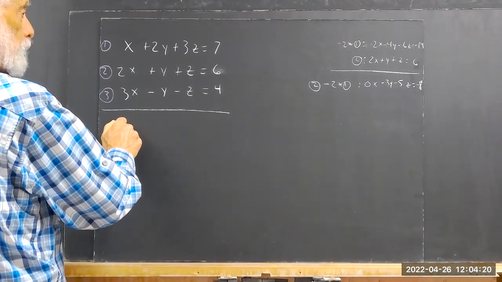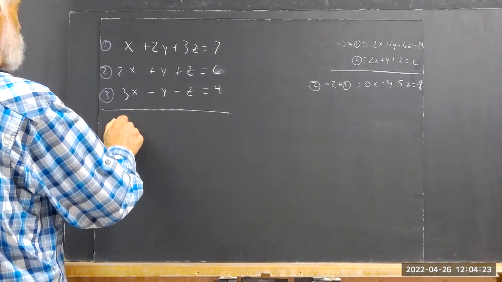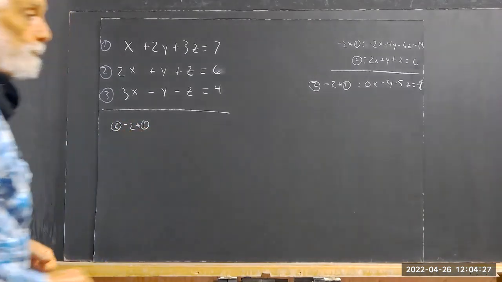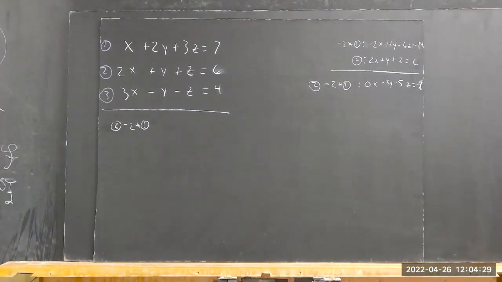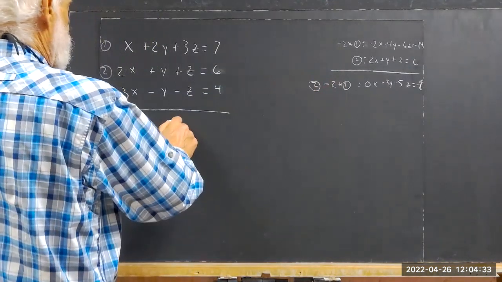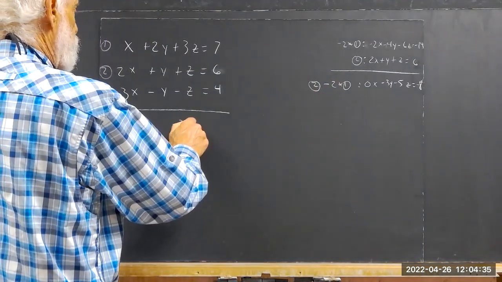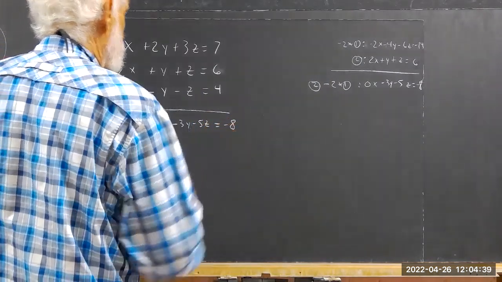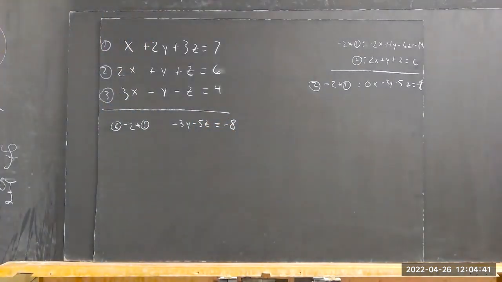Well, I've worked that out over here, but what I'm going to write down here is, and I'm going to get lined up real well, equation 2 minus 2 times equation 1. Okay. And that is this. Okay.